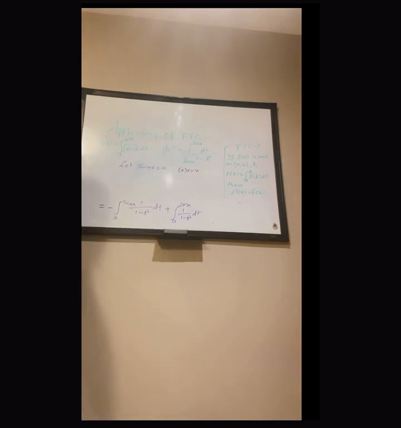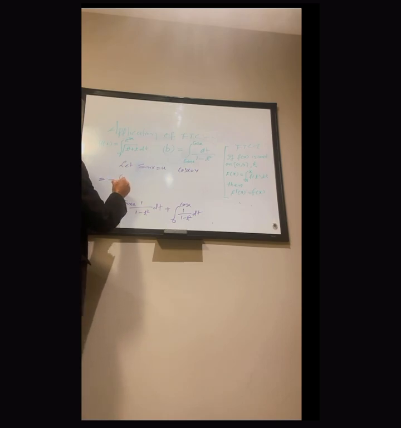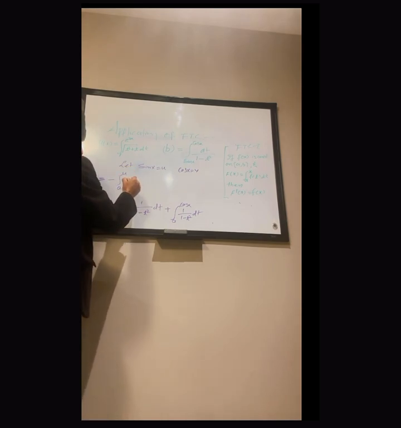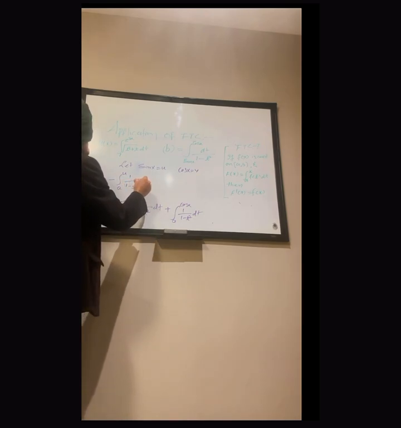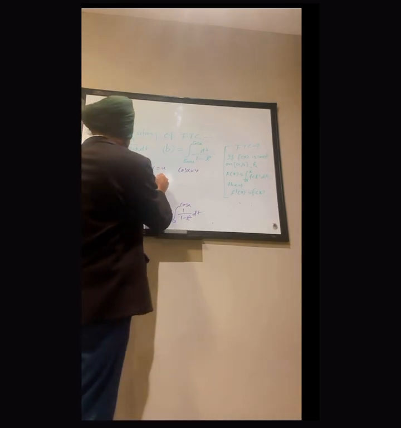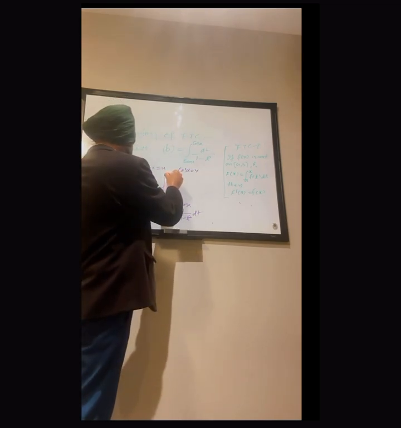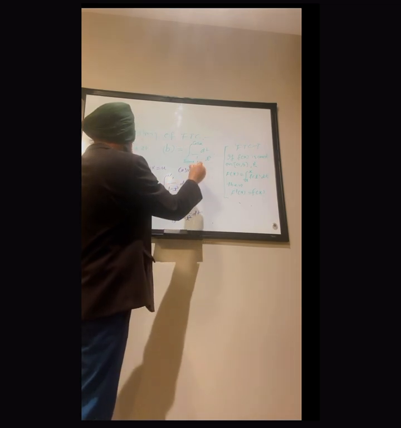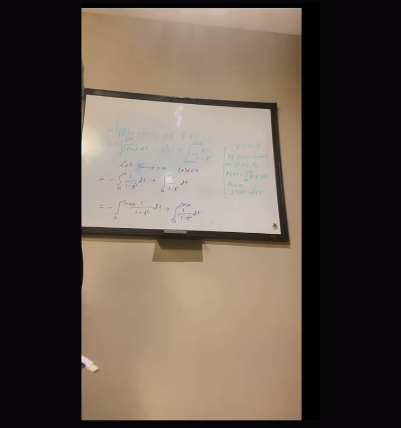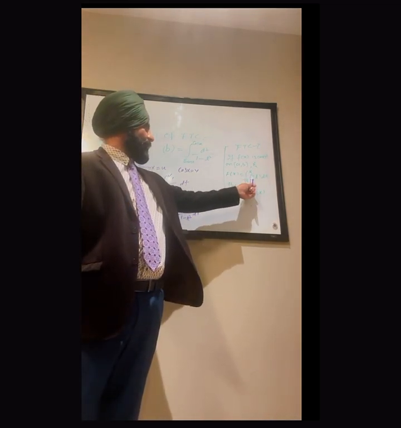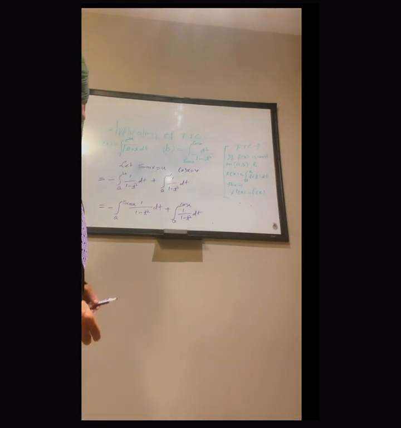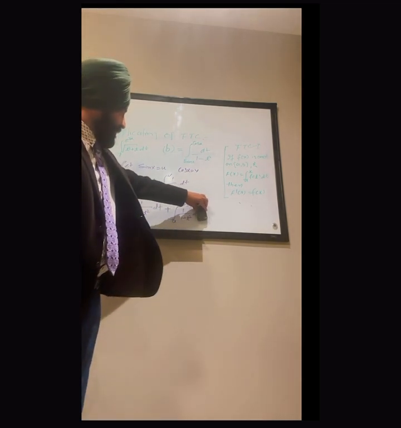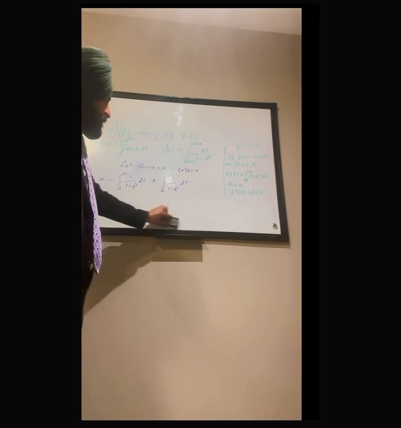This is u and this is v. This becomes negative integral from a to u of 1 upon 1 minus t squared dt plus the integral from a to v of 1 upon 1 minus t squared dt. Now these two integrals are in the standard form like a to x of f(t) dt. Here we can apply the FTC.